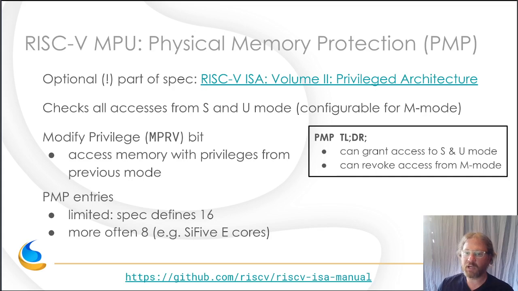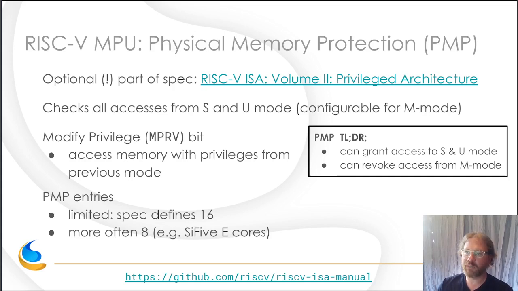The thing that I want to highlight here, and we'll hit on a few times during the talk, is this number of PMP entries. The RISC-V spec defines the number of PMP entries as 16, but it's actually implementation dependent. Each of the RISC-V cores out there can choose how many PMP slots.